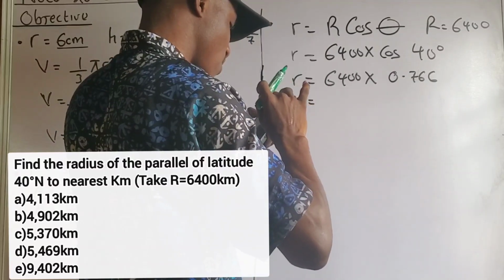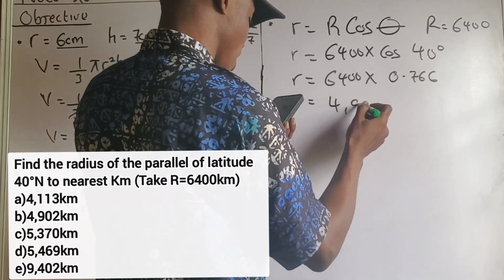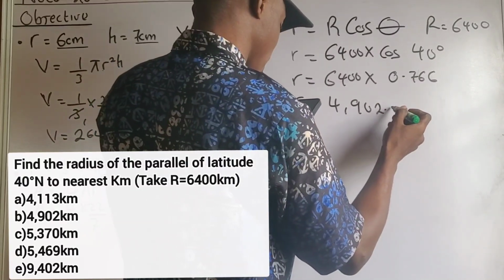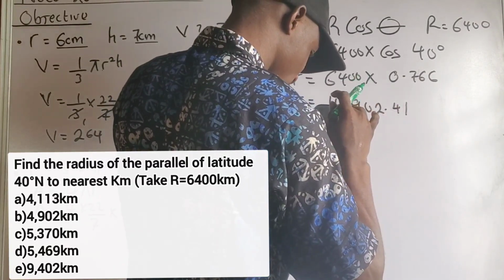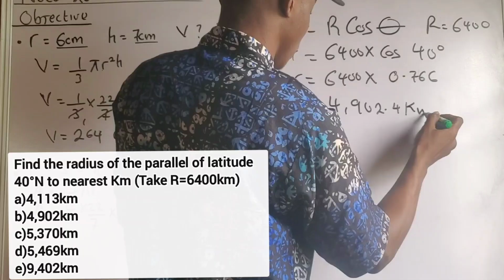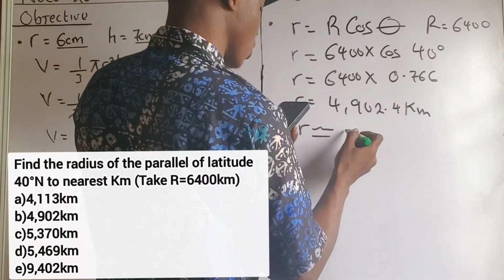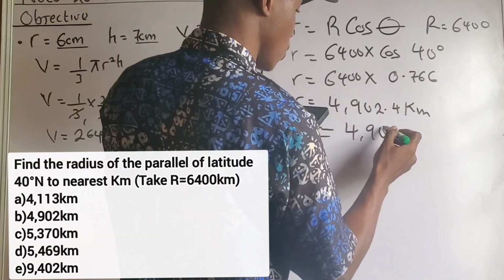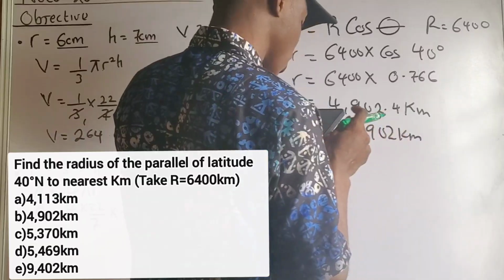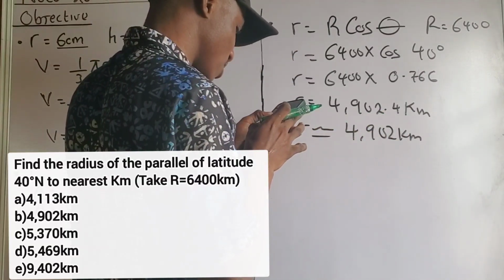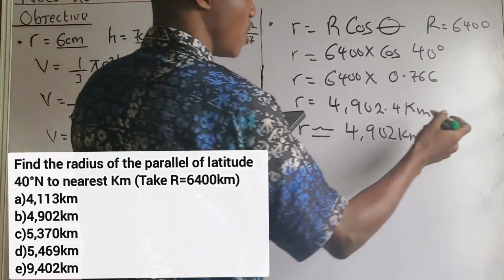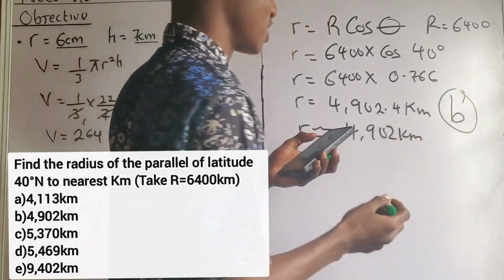That is 4,902.4 kilometers. So r is approximately equal to 4,902 kilometers. So the correct option to that question is option B. Option B is correct. Do you understand?